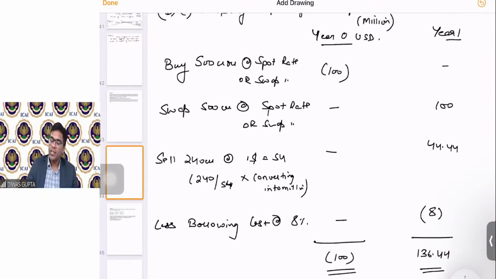Correct? So year 0, net there is a cash outflow of minus 100. Year 1, there will be a net cash inflow of 136.44. Students, I am hoping it is clear. Okay.